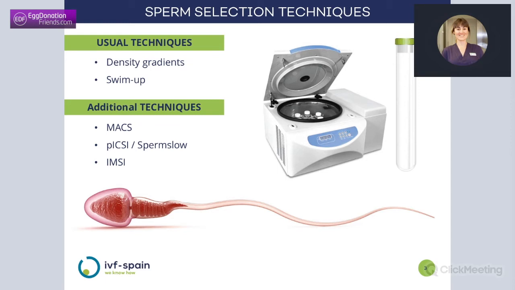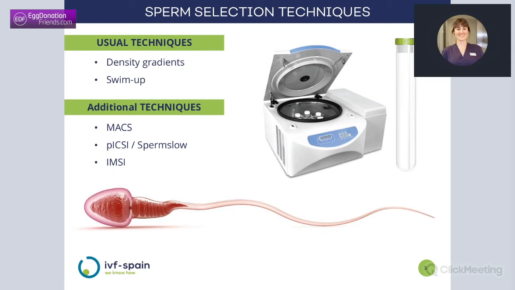Then this tube we place in the centrifuge. And what will happen during this centrifugation is that the sperm cells will separate from the other components of the sperm sample. Once we have isolated the sperm cells in the bottom of the tube, after we have washed this, we will place some media on top of it.